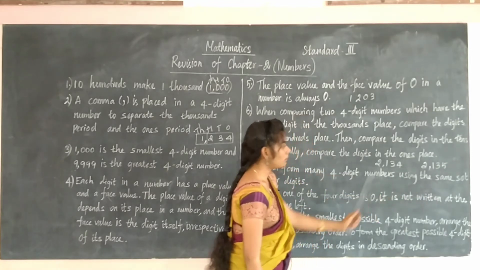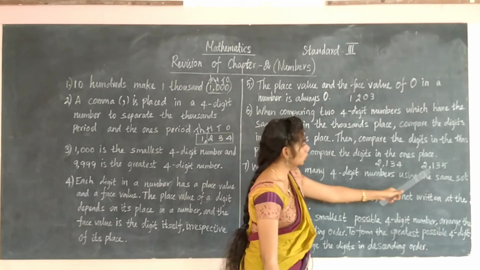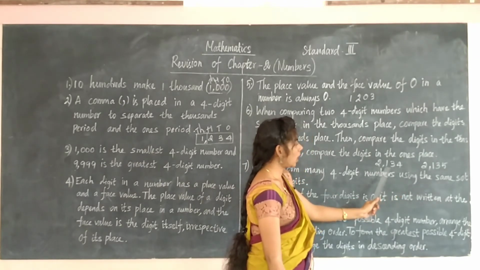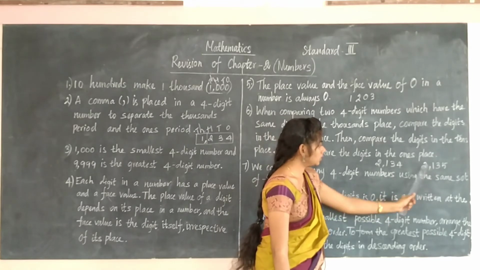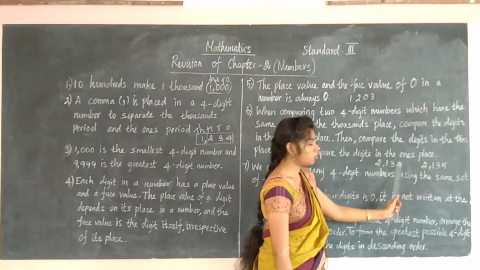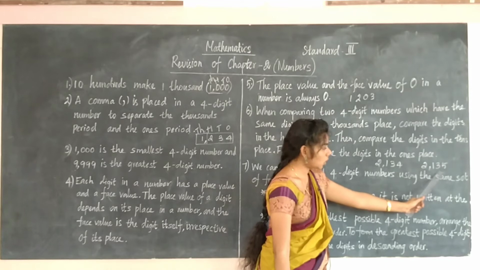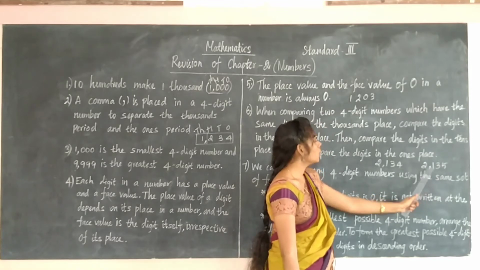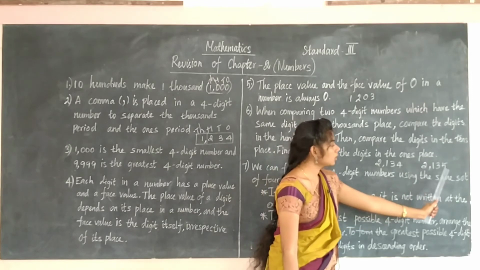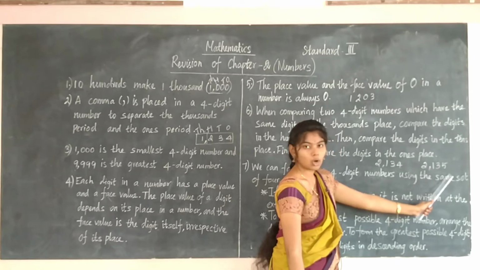While we are asked to compare these two numbers, first we have to check the thousands place. Here 2, here also 2. So we have to take the next place value, the hundreds place. If we have the same numbers, then we have to check the tens place of these two numbers. Here 3, here also 3. The same number is there. So we have to check the ones place. What is the number here? Here 4, here 5. Then we have to compare these two numbers, which one is smaller and which is greater.